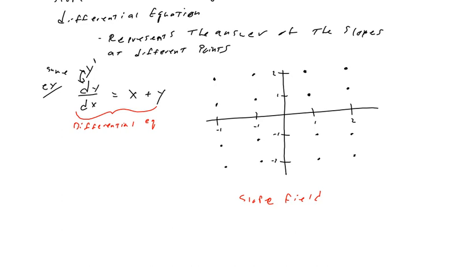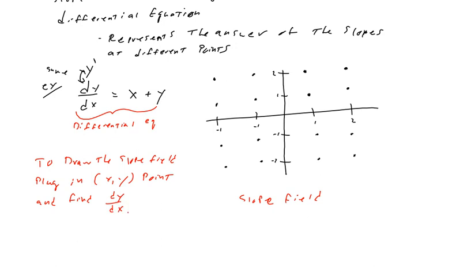So what we're going to do to draw the slope field is plug in the x, y point and find dy dx, and then draw the slope at that point.